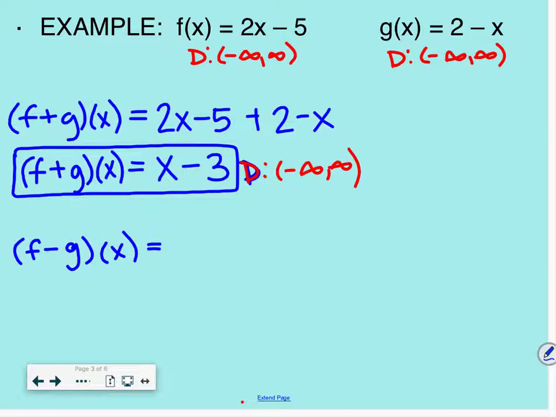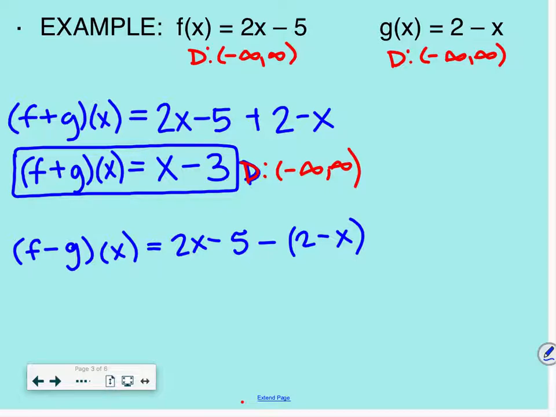F minus g of x. I want to talk about this because this is a mistake that was made not only on the quiz, but even on some people's corrections. Okay? When we take a function like 2x minus 5, that doesn't even necessarily need to be in parentheses, but 2x minus 5, and we are subtracting a function, we need to subtract that function in its entirety.